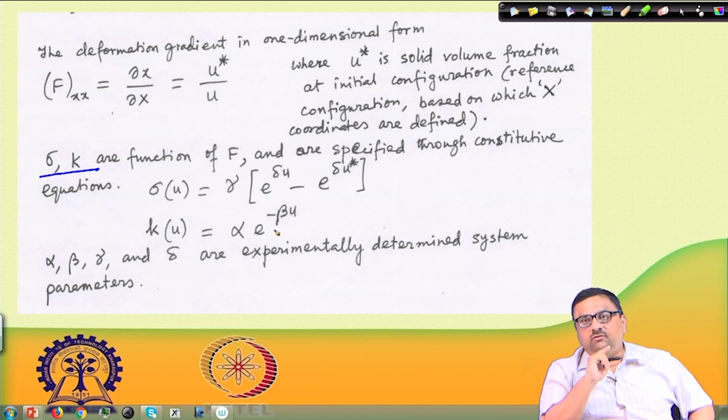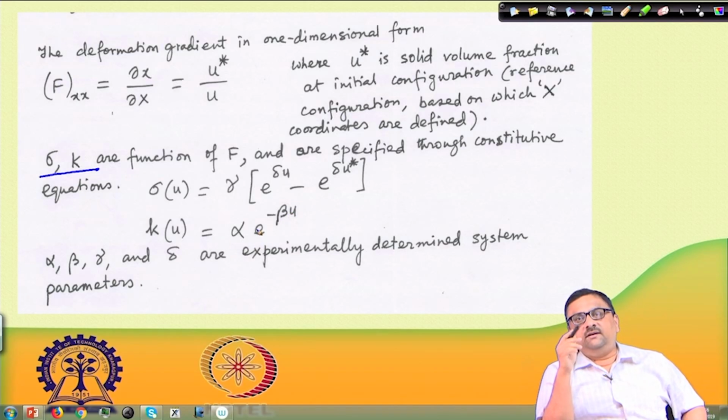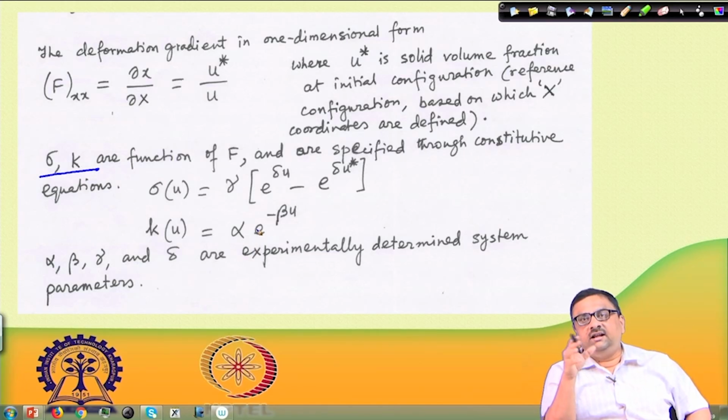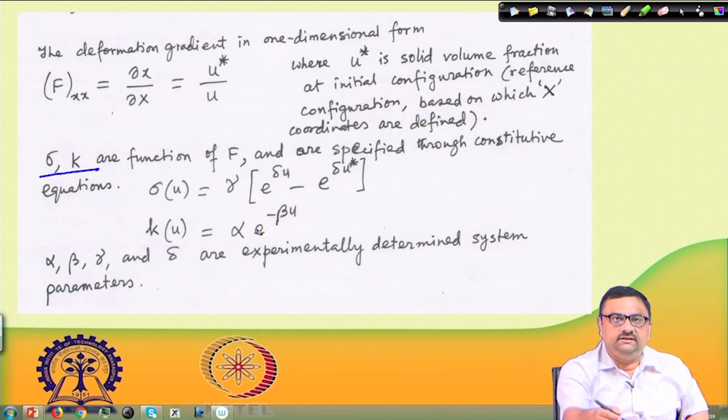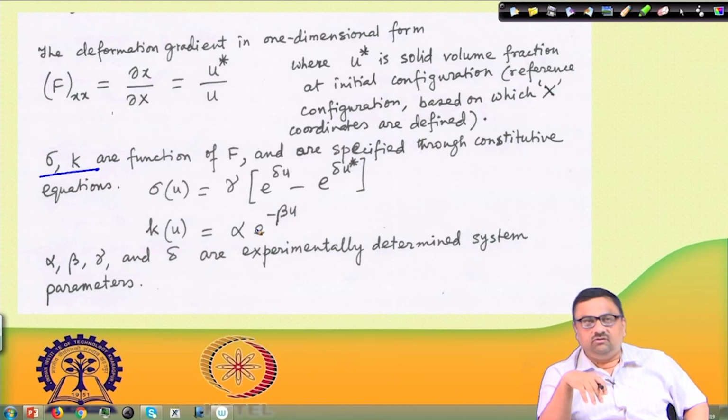One thing you may note is that as the solid fraction increases, as the porosity decreases, the permeability declines exponentially, e to the power minus beta u. So, alpha and beta define how fast the permeability declines as the porous medium is getting more compact. These forms of constitutive equations make intuitive sense, and these parameters gamma, delta, alpha, beta are to be determined experimentally by conducting controlled experiments.